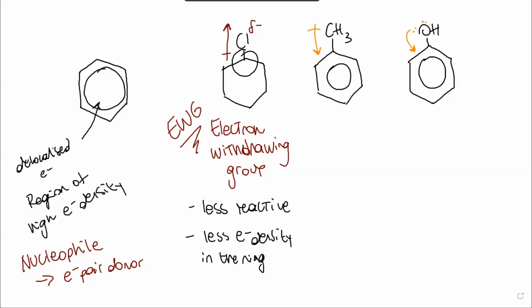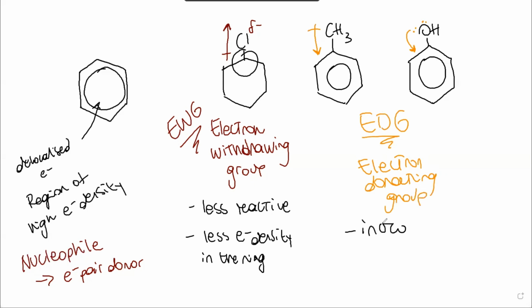Those are two examples of what are called electron donating groups, because they donate electrons. Of course, they do the opposite: they increase the reactivity because there are more electrons in the ring.